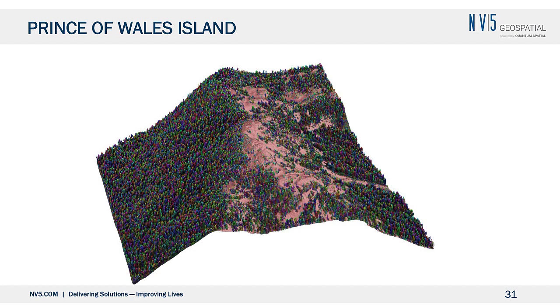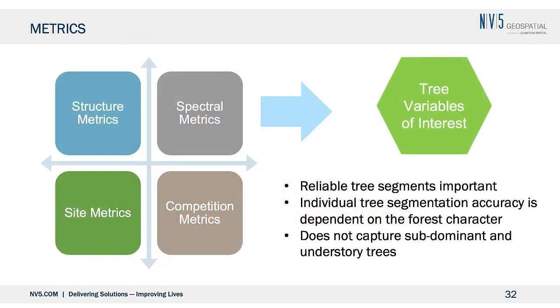Once we've got that individual tree information, we then start extracting things related to that tree. So what we want to do is try to characterize that tree with the information we've got. And I'll show you in the next slide a little more detail, but we have structural metrics from the LiDAR. We have spectral metrics from the imagery.